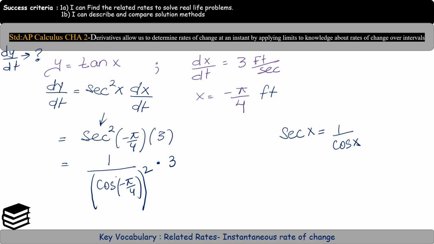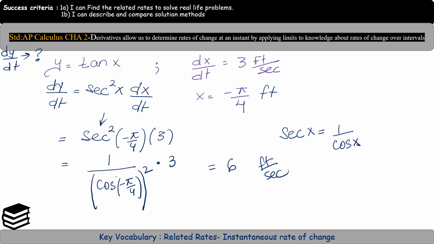Kindly write down 3 divided by, in the bracket write cos -pi over 4, and when you write the angle -pi over 4, please don't forget to write the brackets. Okay, close the bracket, put the square on the top, and your answer will be 6. But make sure that everything you write in your calculator is in radian mode. So here is our answer, 6 feet per second.